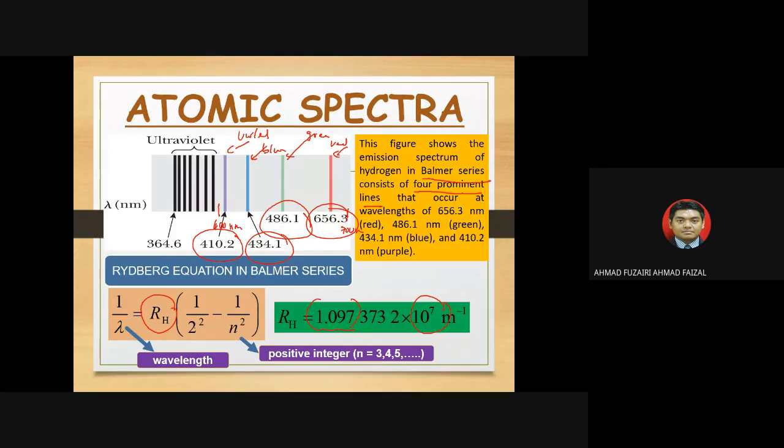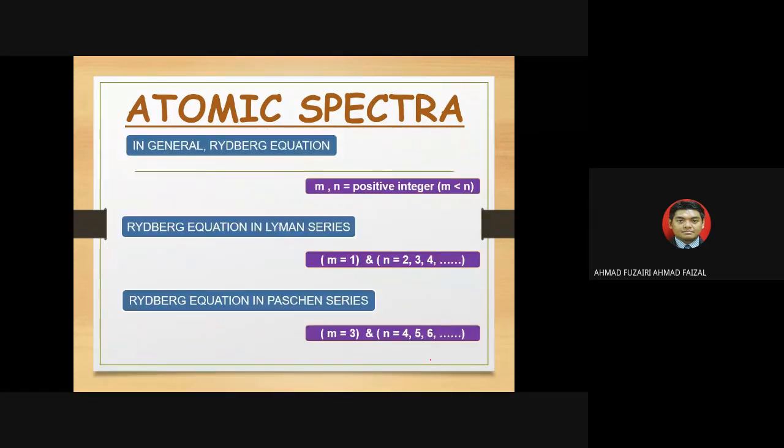The Balmer series starts at 2, and n starts at number 3, which is one higher than 2, until infinity. So we can calculate the wavelength of the Balmer series using the Rydberg equation.